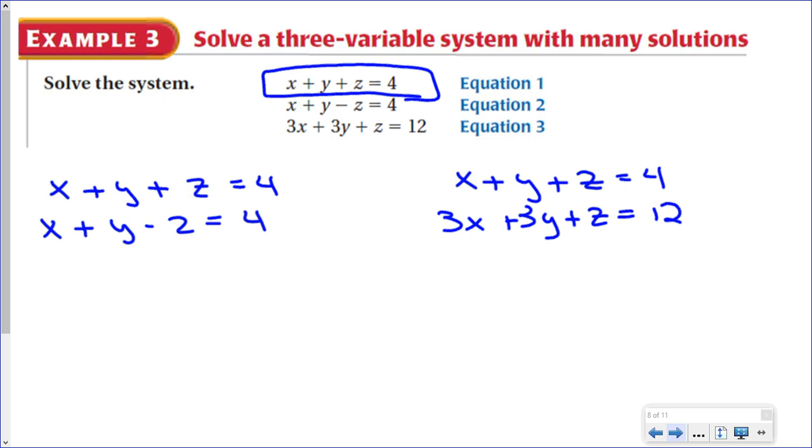Okay, and we're ready to continue. So check out the y's, x's, z's, find the easiest one. In my opinion, the z's are pretty straightforward here. On the left-hand side, you already have a positive and a minus z, so that's pretty nice.